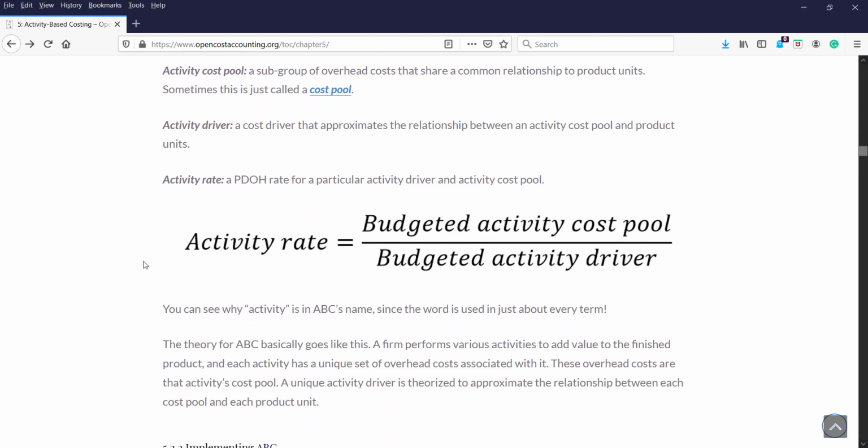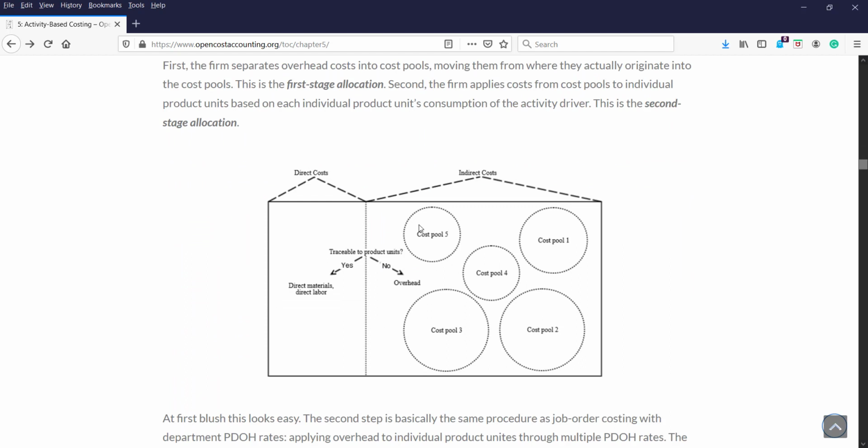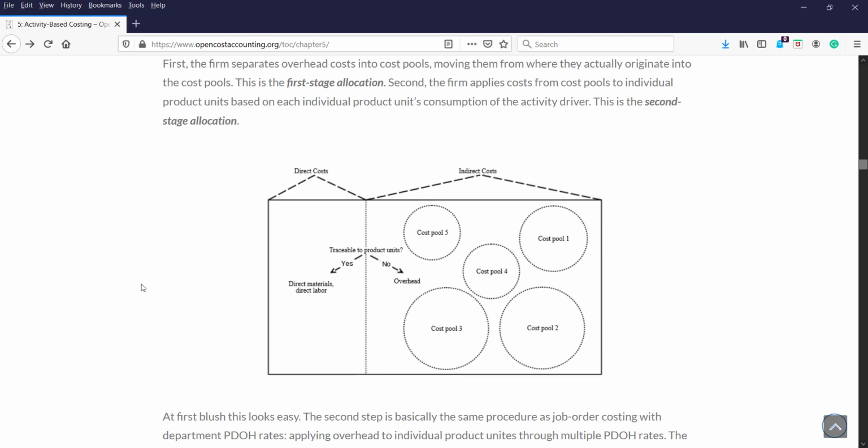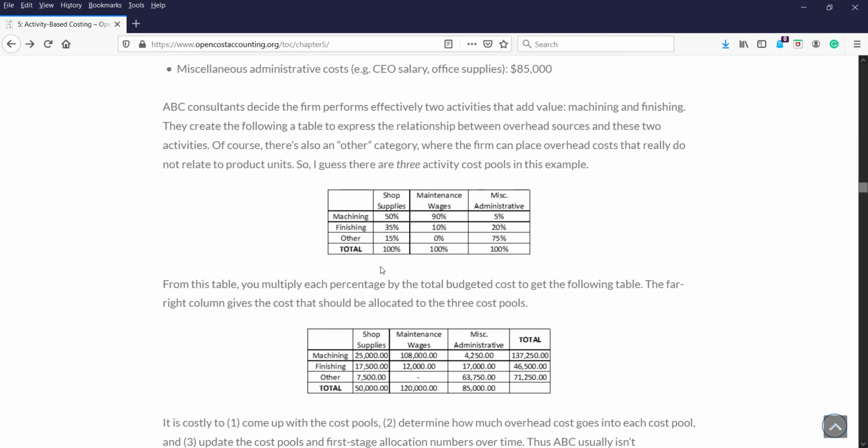consultant hours. All right, now implementing it, these are two stages. First, we develop the cost pools and we allocate our overall indirect costs into these cost pools. So we end up with these kind of percentage tables oftentimes.